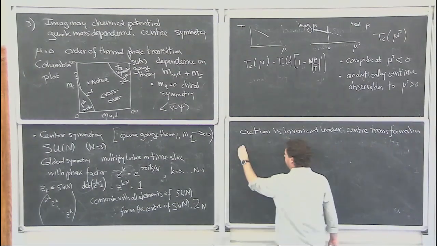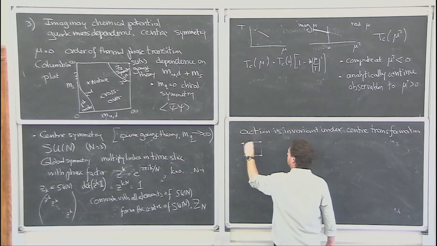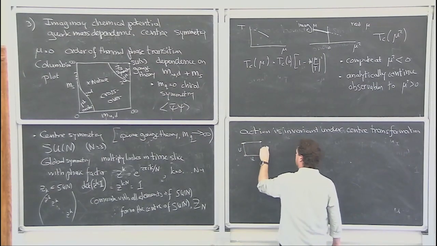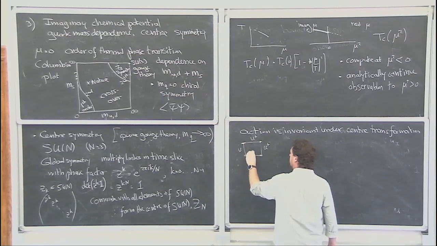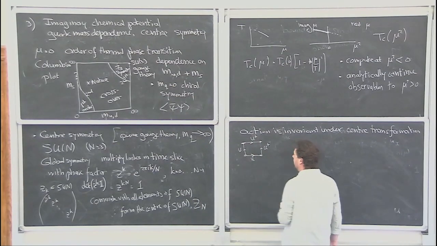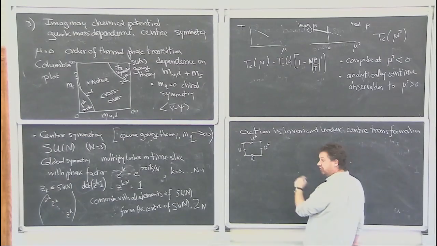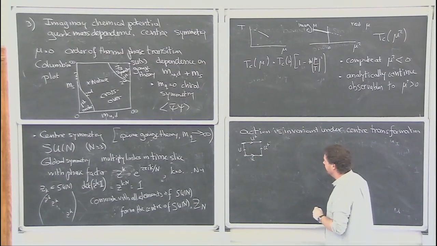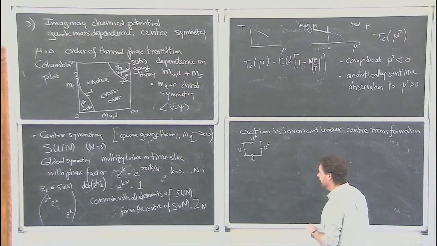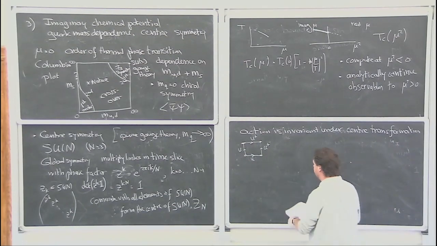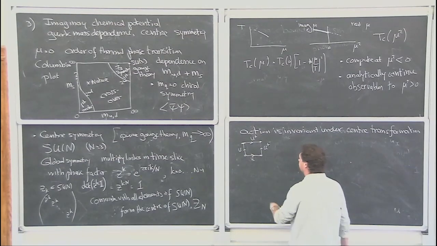I didn't give it in too much detail, but the gluonic action has these links going around, and if I multiply each temporal link on a fixed time slice, that's it.